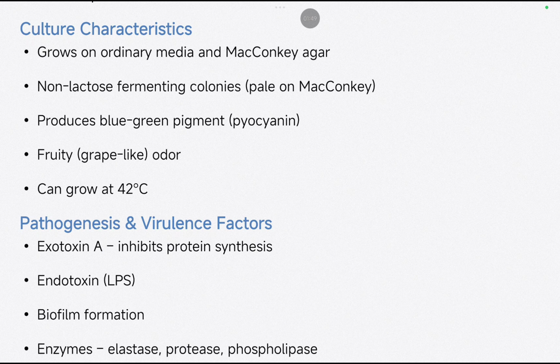So it does two things. These agars are all very confusing topics, but I will break them down. Always remember MCSD, MacConkey Selective Differential. Selective means it only lets a very specific quality, such as gram-negative, grow, out of which it will differentiate.